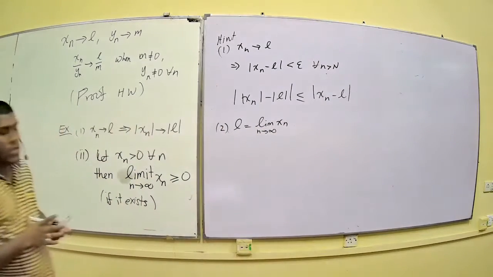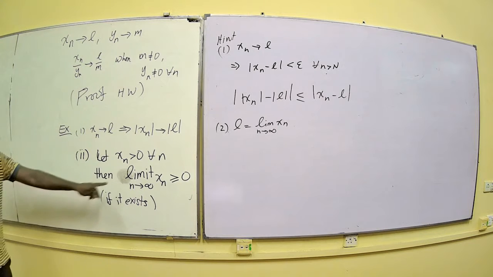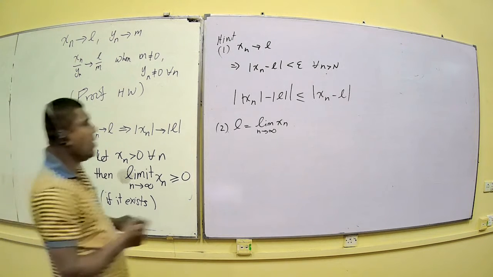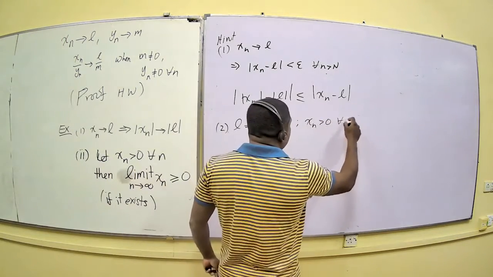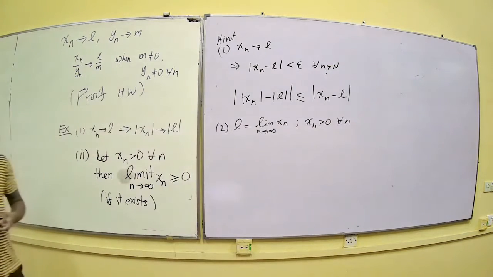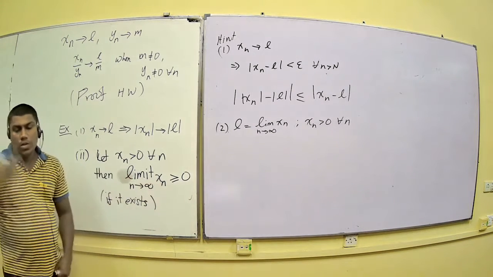And you take L is equal to the limit of the sequence xn, given xn is strictly greater than 0. So you want to show that the limit is bigger or equal to 0.